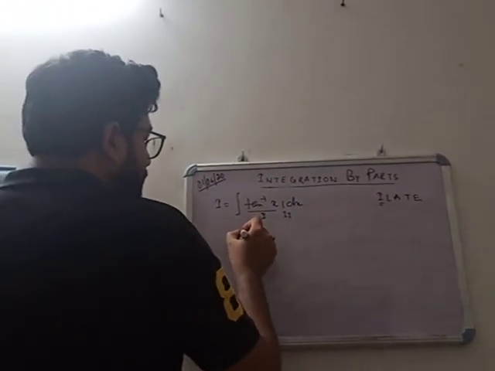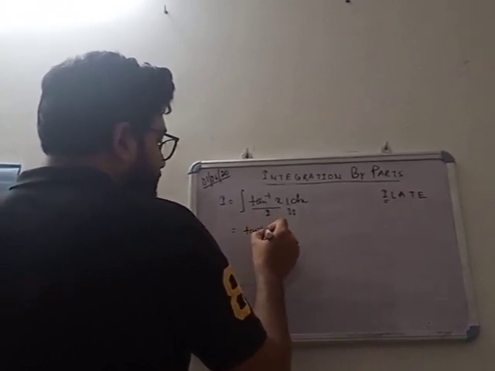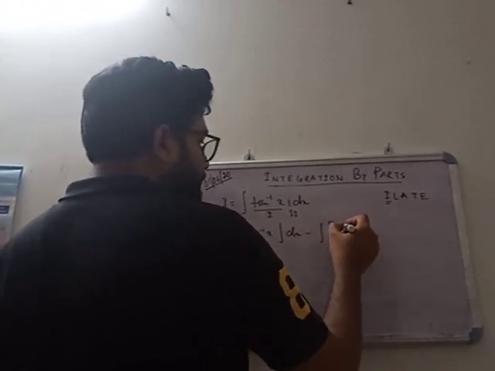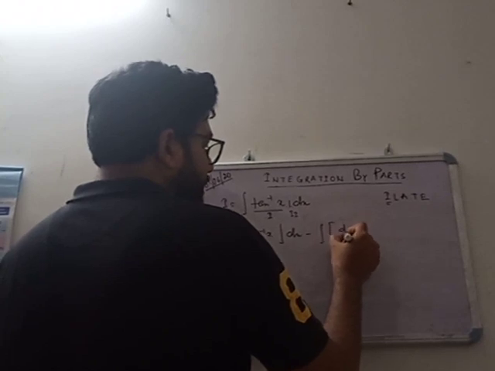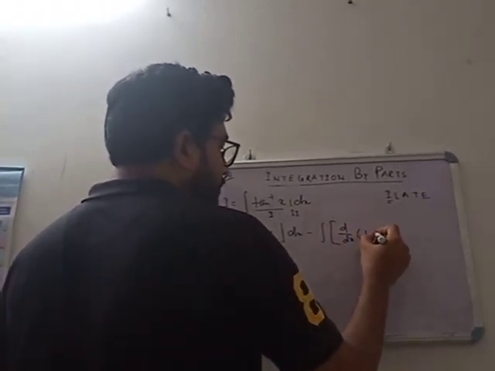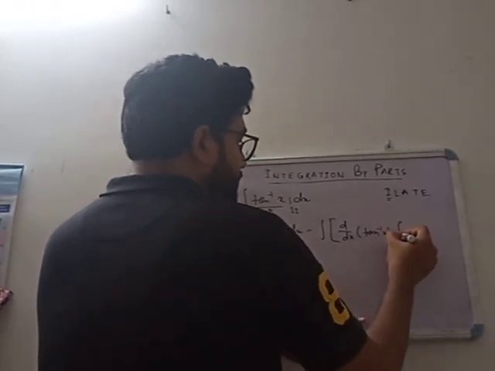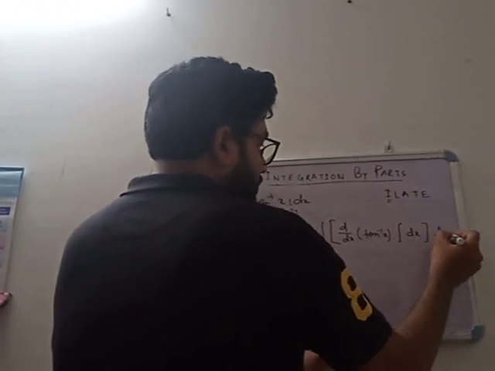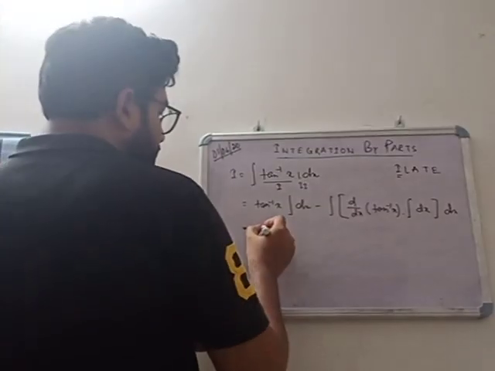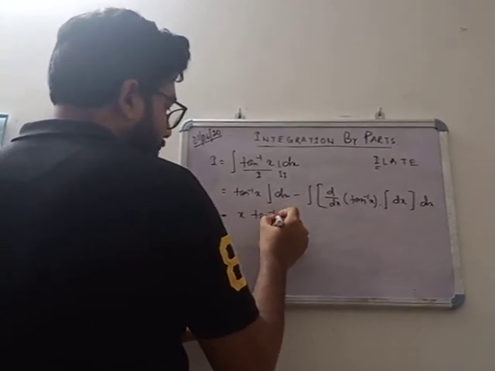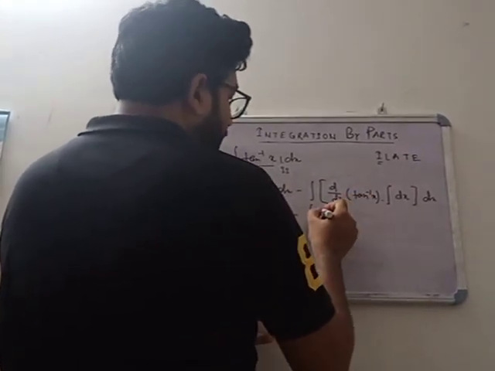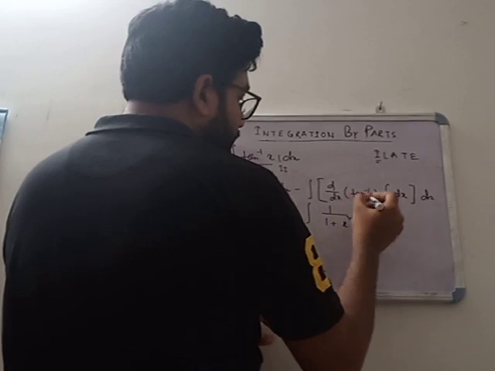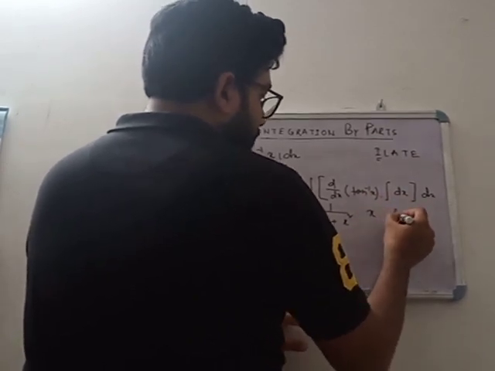So write in the form tan inverse x integration of dx minus integration of d/dx of tan inverse x into integration of dx, dx. So integration of dx is x, so x tan inverse x minus, tan inverse x derivative means 1 by 1 plus x square, and integration of dx being x, so x.